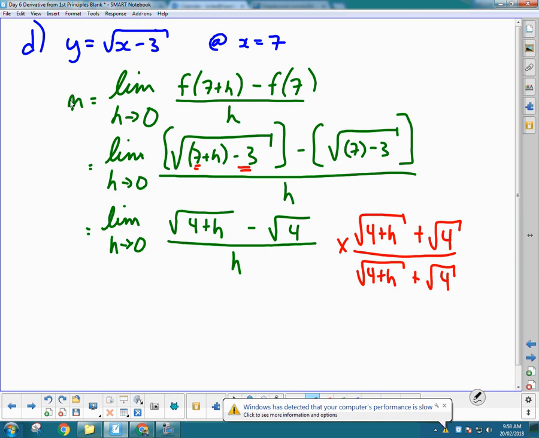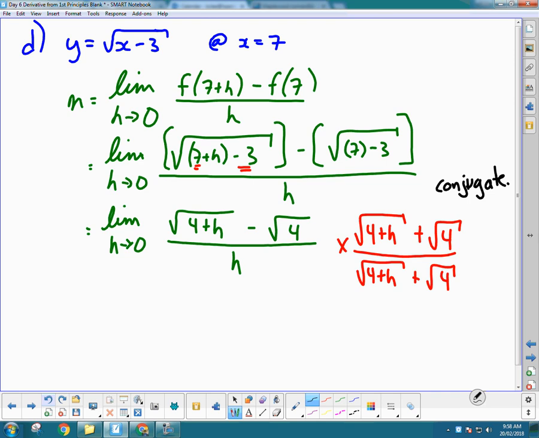This is a very complicated looking 1, but essentially it's a 1 because it's just the same thing on the top being divided by the same thing on the bottom. And multiplying by 1 doesn't change my question. This is called the conjugate. So I'm going to do this multiplying.